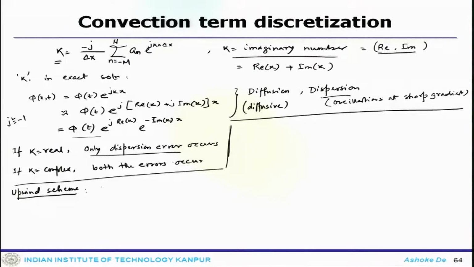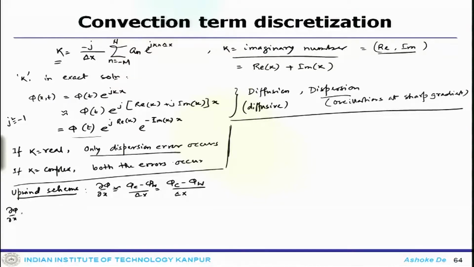In the upwind scheme, del phi by del x is phi_e minus phi_w by delta x, which is phi_C minus phi_W by delta x.